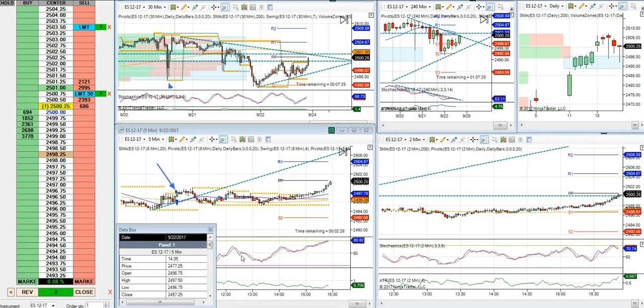This was the end of the day, so I was looking for it to push higher. But I know that the first test of the previous day's high and day's lows, there'll be some sellers and some buyers in those areas that'll buy it up or sell it off at the first touch.